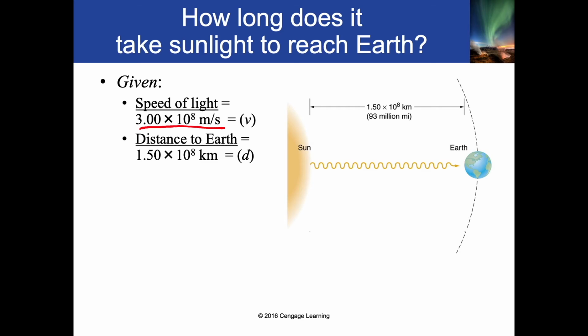Okay, and it's traveling at a distance of either 93 million miles, or we like the metric system here, so we'll go with 1.5 times 10 to the 8th kilometers. Okay, so we're already given d and we're already given v, right?